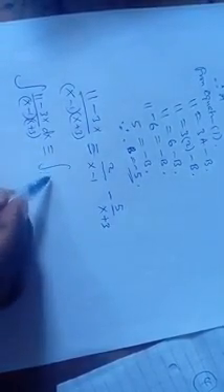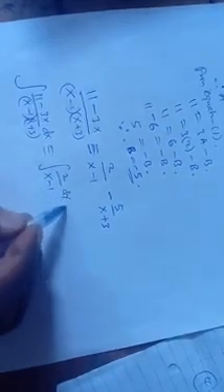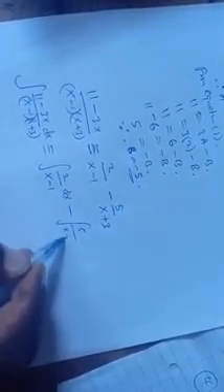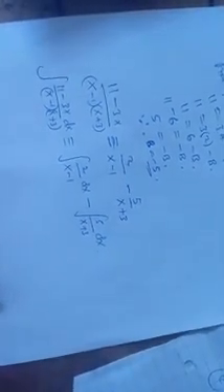Minus 5 because b is minus 5. That's why we are writing minus 5. So when we want to integrate 11 minus 3x all over x minus 1, x plus 3 with respect to x, it is the same as integrating 2 over x minus 1 with respect to x minus integrating 5 over x plus 3 with respect to x. That's how it's done.